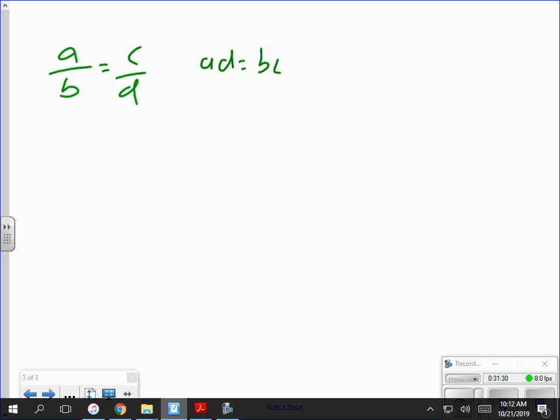Cross multiplying, that's how you solve proportions, right? Multiply the means and extremes. The means are one pair of diagonals and the extremes are the other pair of diagonals. You can flip the whole thing over. B over A is equal to D over C.